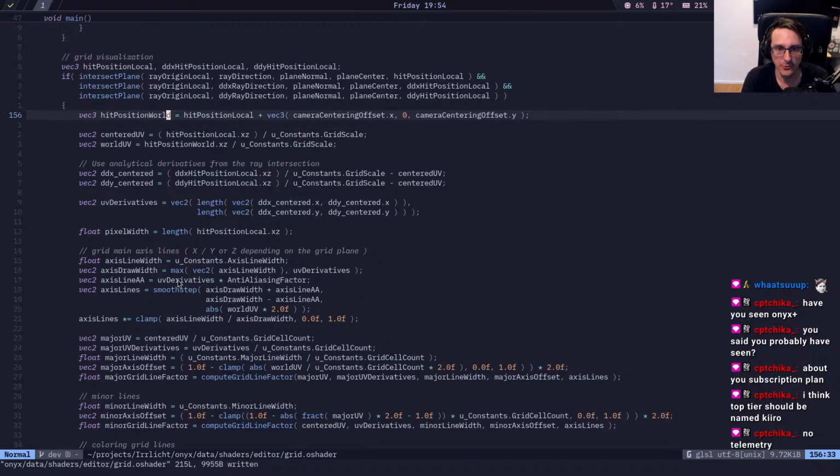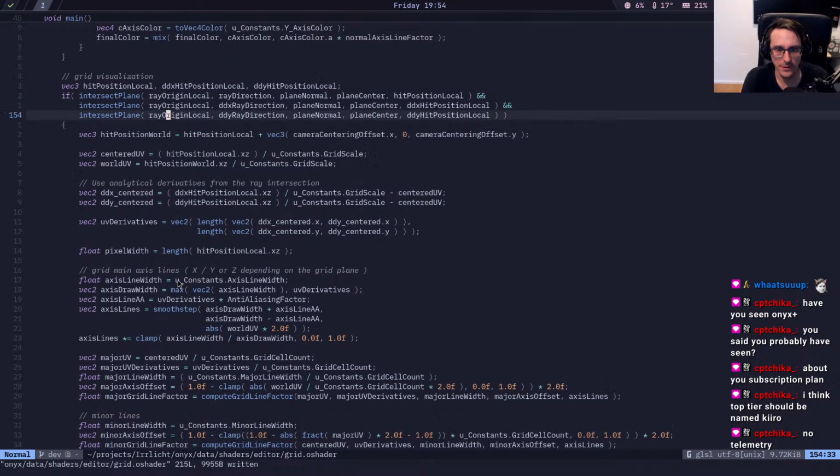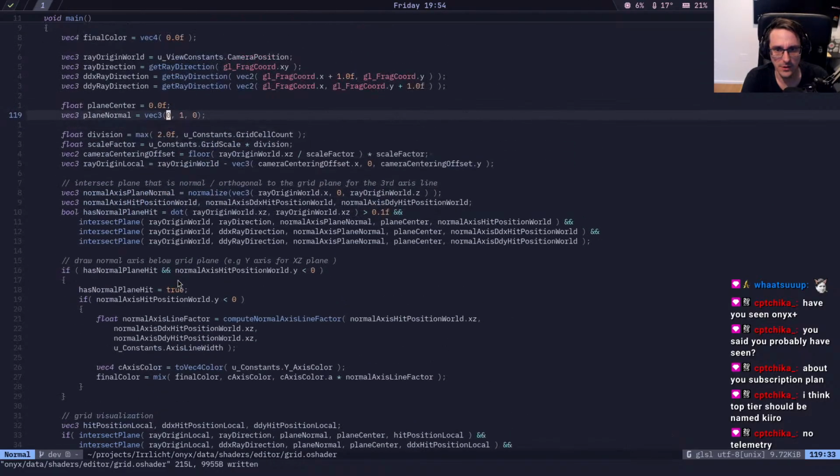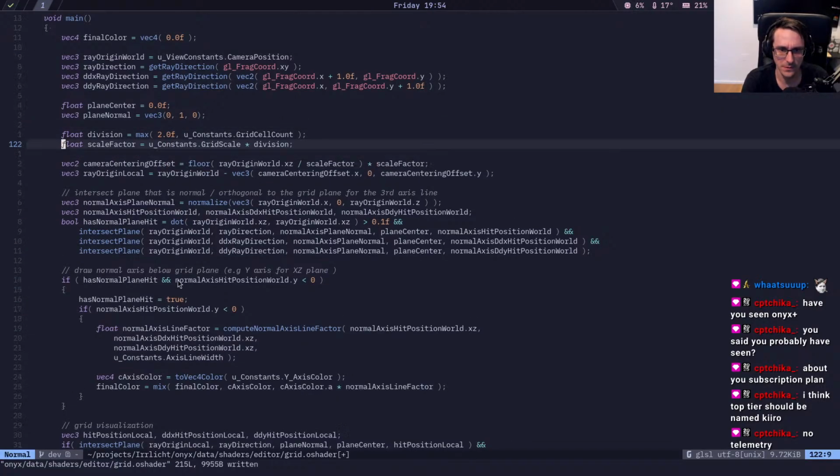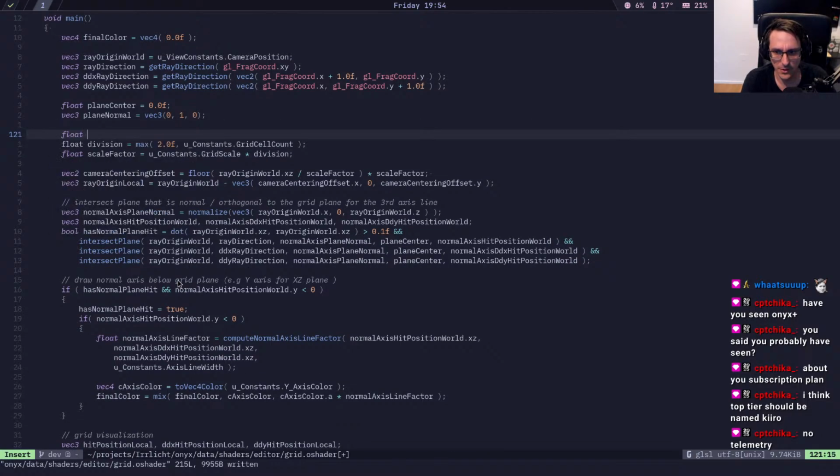Good. So I think we need to do the base calculation up here, where we do the scale factor already, kinda. And what I was thinking of is that first we get the camera height as an absolute value, because we don't really care if we are up or down.